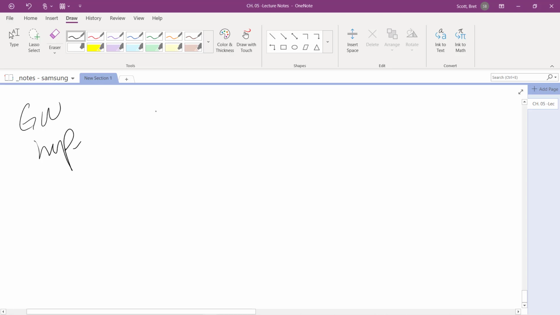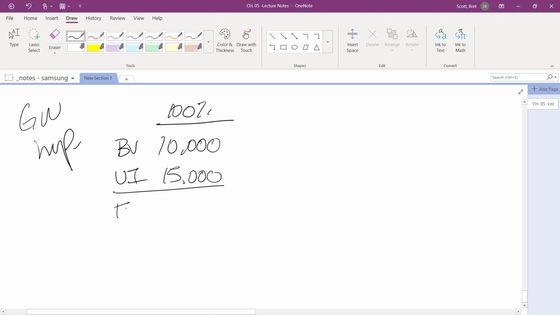We've got 100% book value at, say, 10,000, and we have unreported intangibles of 15, and the fair value is 25. If we own 70%, that means NCI is the other 30%.